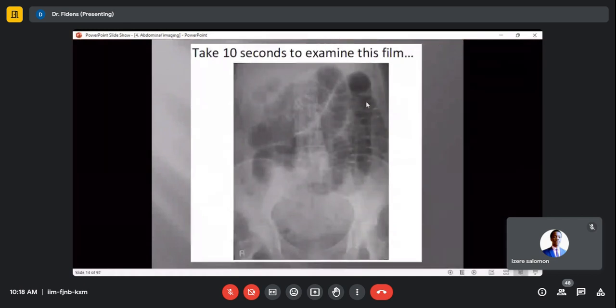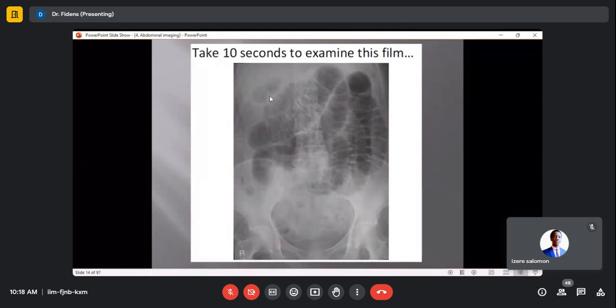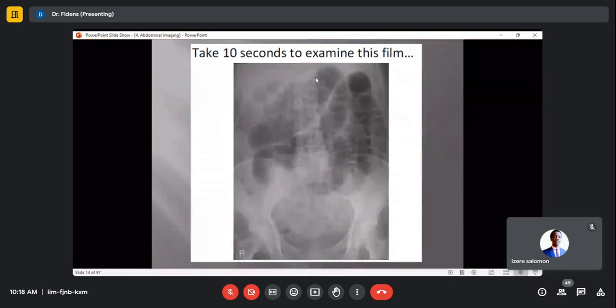The colon, you can even see the colon here and there, but the rest you can't see it. Maybe the rectum here, but these are the small bowel loops. But how to differentiate them, how to organize them, that's what you are going to see.